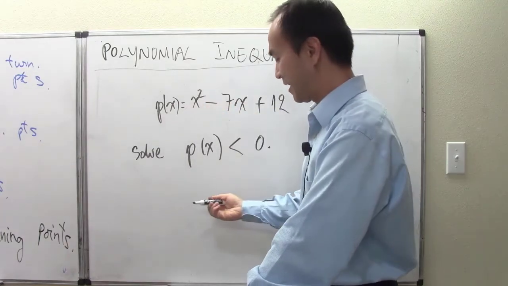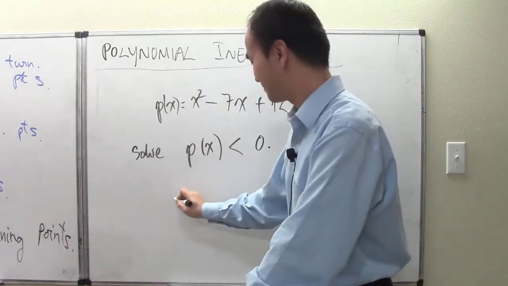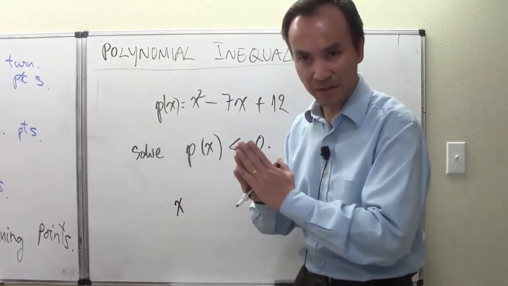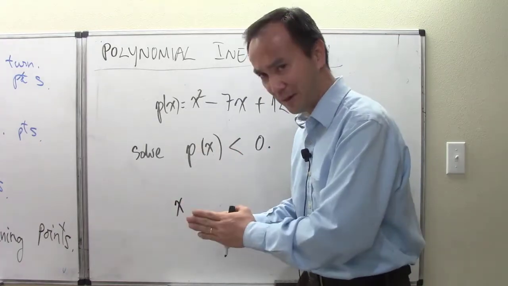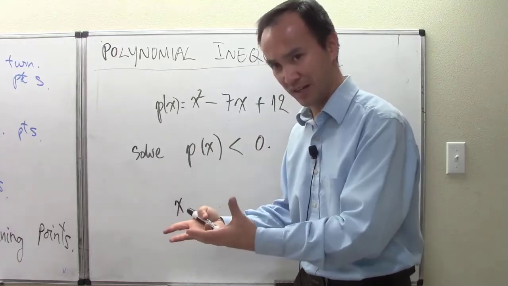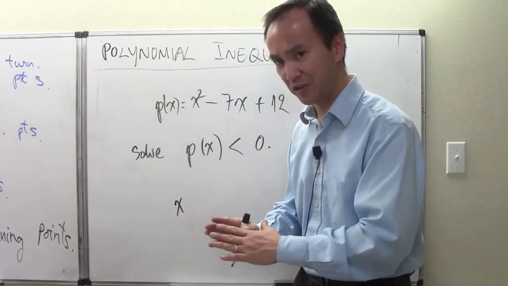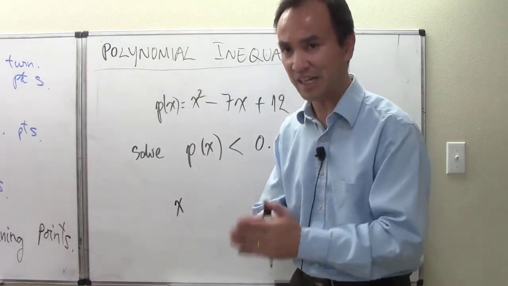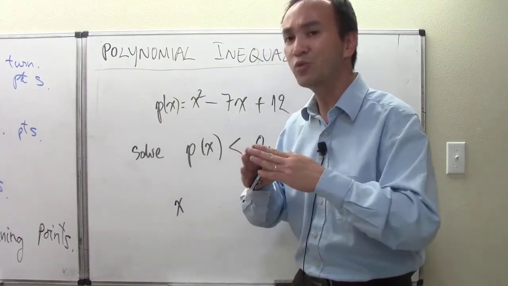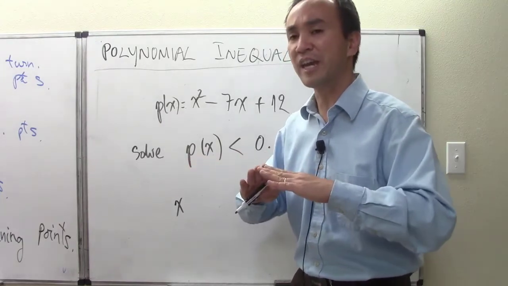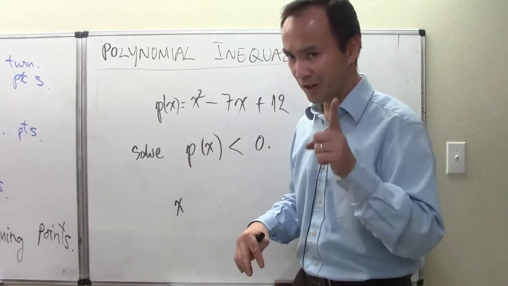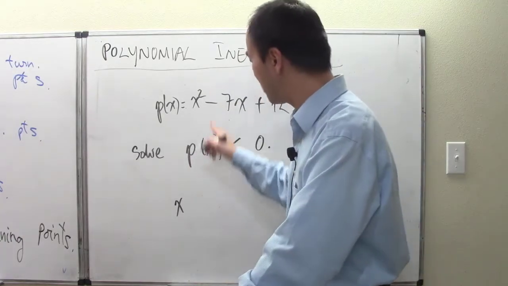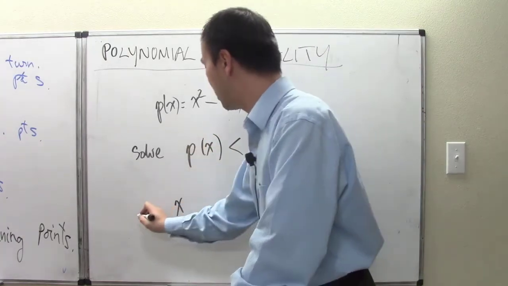One way of doing that, in my lecture where I talked about how to find zeros of a polynomial, I specifically mentioned that we use the factoring technique. The factoring method is the universal method for solving any polynomial for 0. So the first big step is to put our polynomial in factor form.